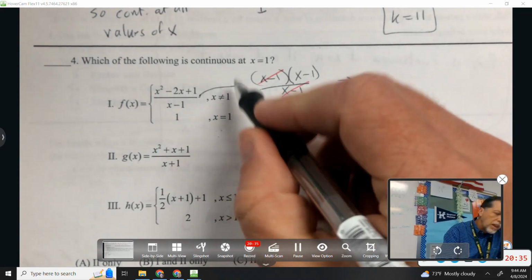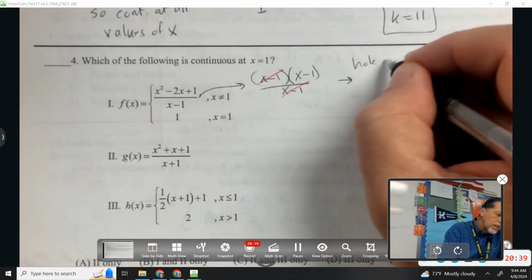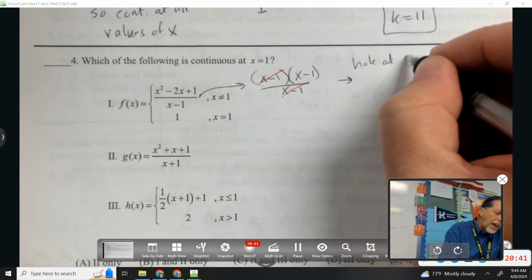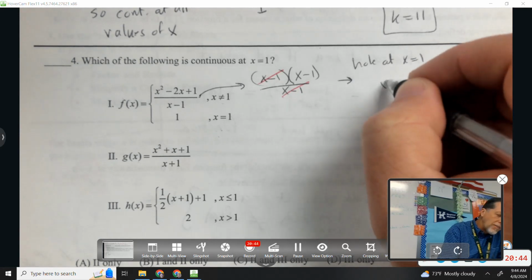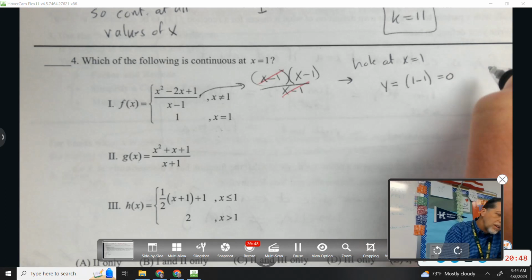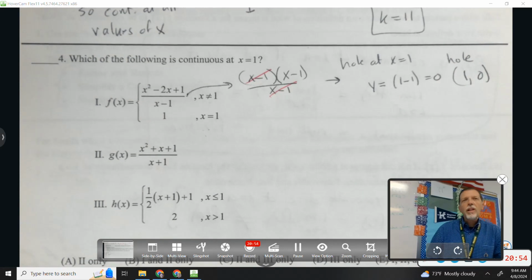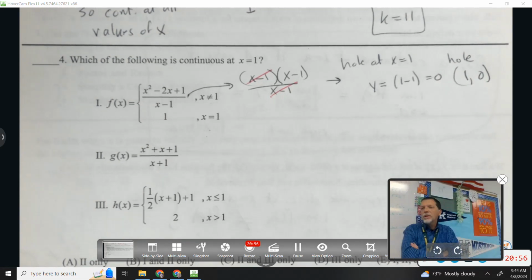So where is the hole? The hole is at x equals 1, and the y value of the hole is 1 minus 1, so there's a hole at 1, 0. Remember figuring out the y value of the hole to know where to put it on the graph? I know the hole's at x equals 1, but I have to do a little more to figure out where the hole is.